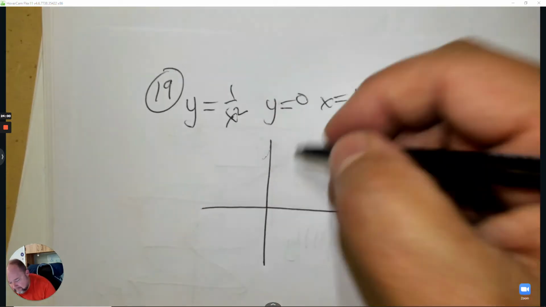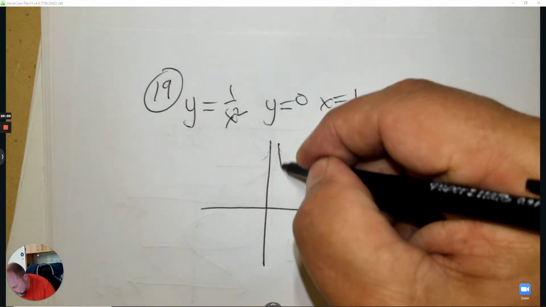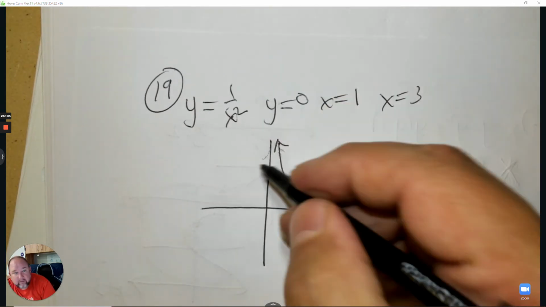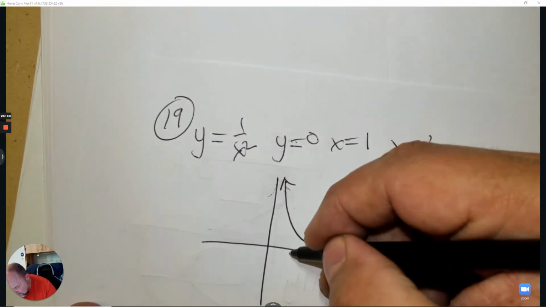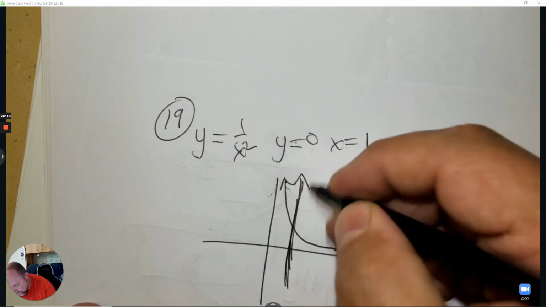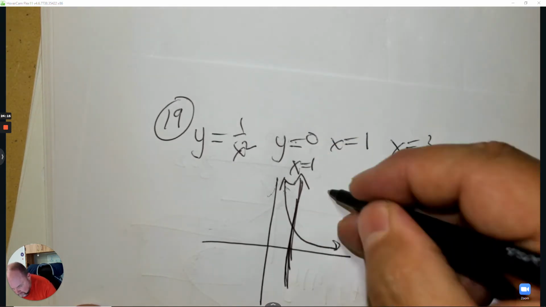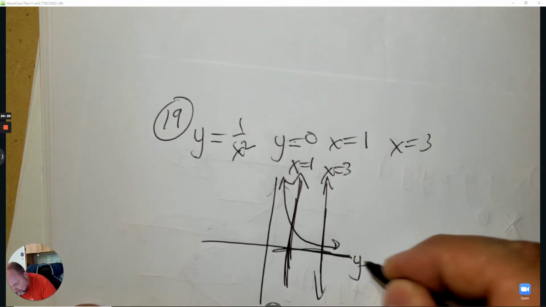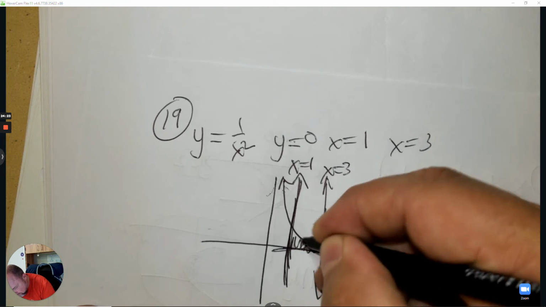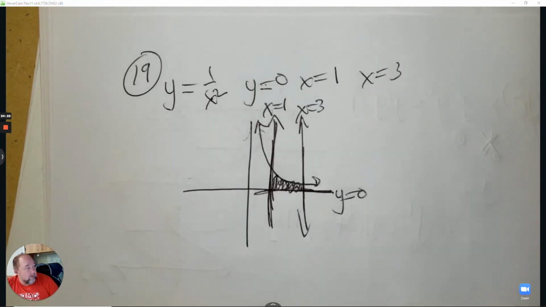It would also be on the other side, but we have y equals 0, x equals 1, x equals 3, and y equals 0. So it's this right here. And it says we're revolving it around the y-axis, and you may use a calculator.